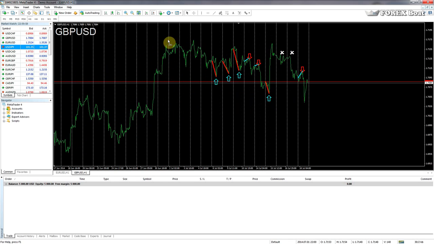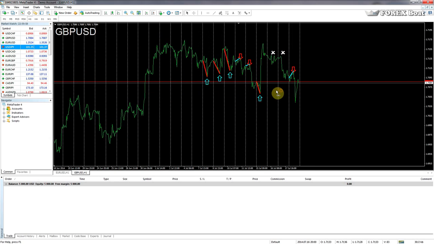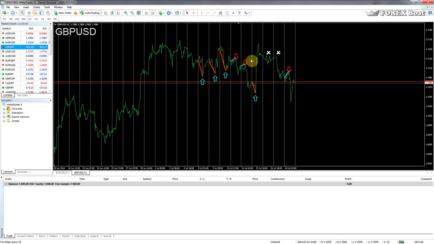And as you can see, we're not observing this pattern every time. There are exceptions, and sometimes it happens later, sometimes it happens earlier. But a lot of the time it does happen at 9 or 10 o'clock. And that's the beauty of Forex. You don't have to observe a pattern that happens every single time.